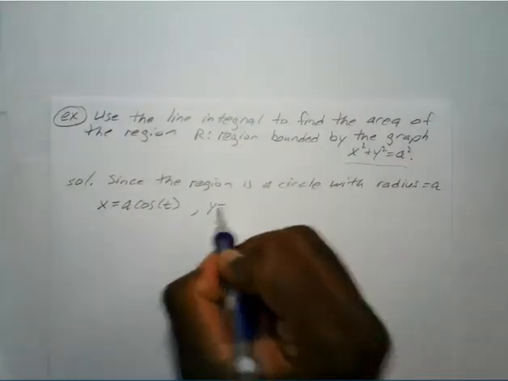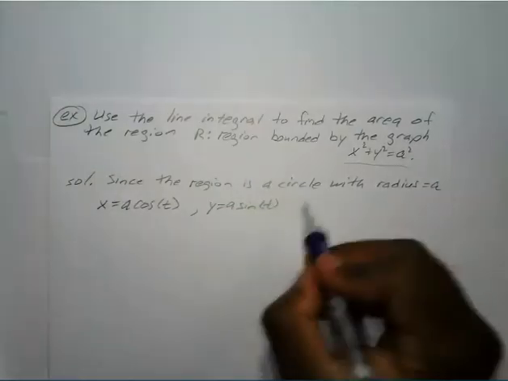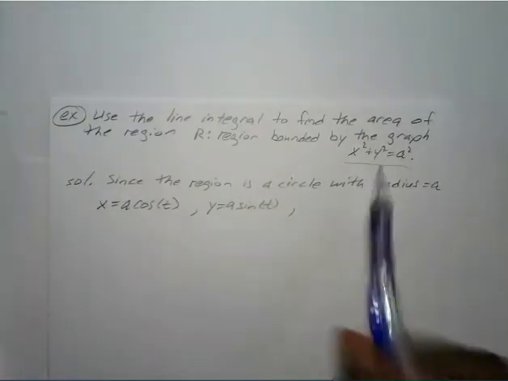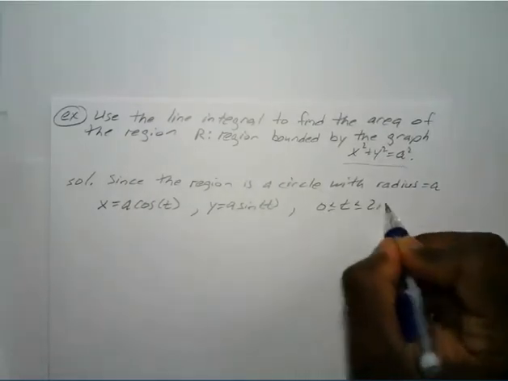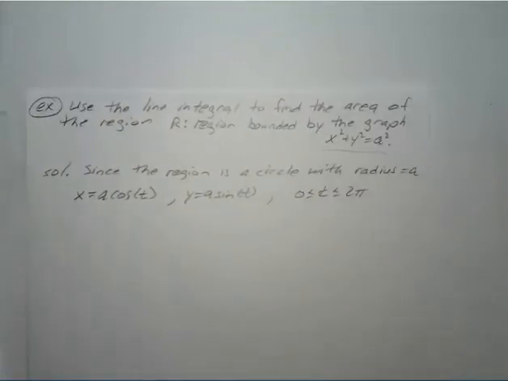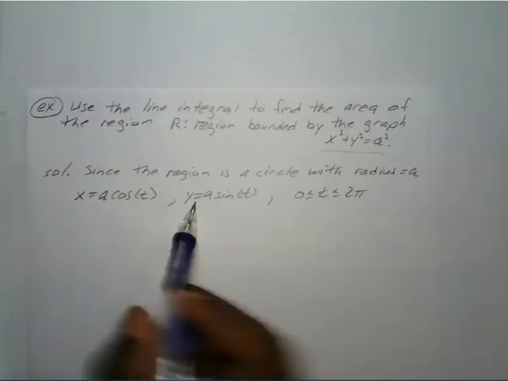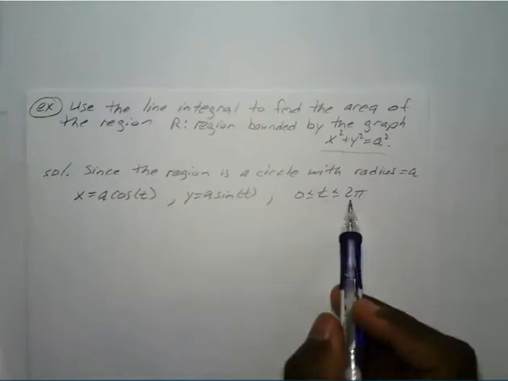Same thing, y equals a sine t. And since it is a circle, we know that our t has to be between 0 and 2 pi. Now this is where it gets a little bit fun. We have our x, our y, and our t value from 0 to 2 pi.